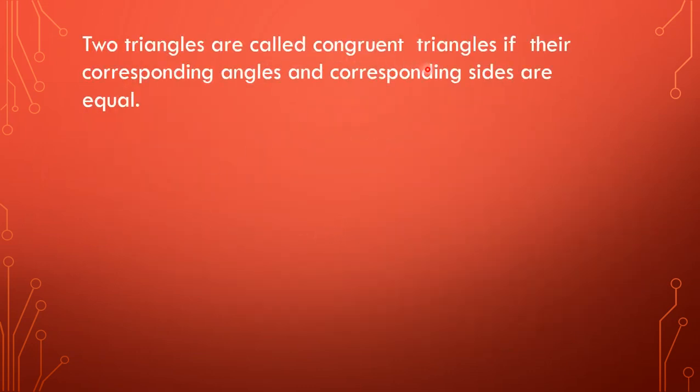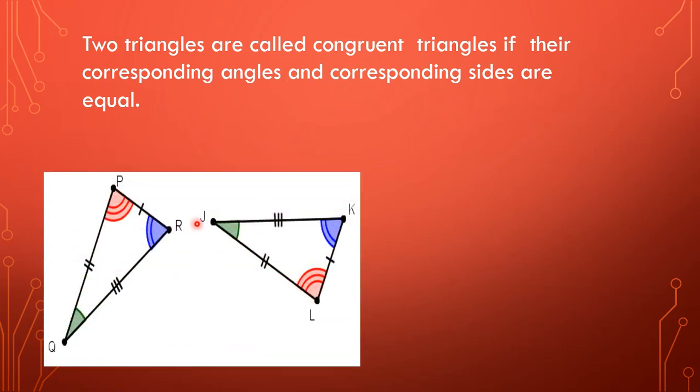Two triangles are congruent if their corresponding angles and corresponding sides are equal. In this figure, the sides and angles are marked by different colors, so when we keep one over another, both figures overlap one another and we can say these two triangles are congruent.